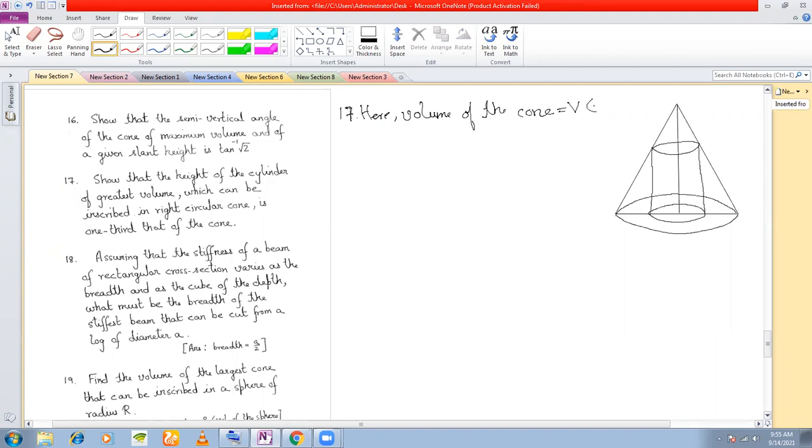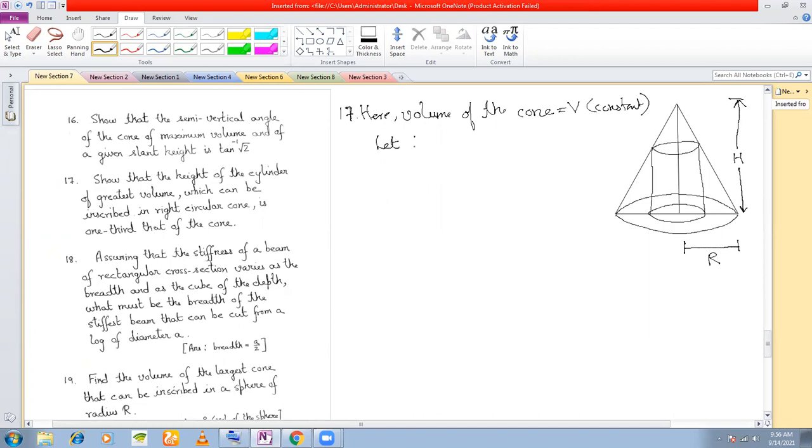Equal to V, say, constant, right? Because the cone is already given to you. Now, if I assume the base radius of the cone to be capital R, and the height of the cone to be capital H, then both H and R are constant because volume is constant.